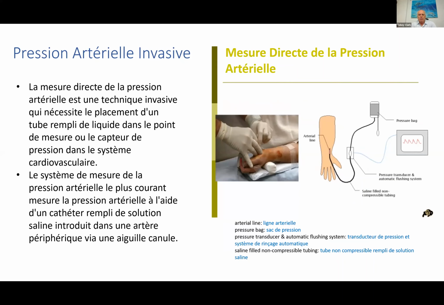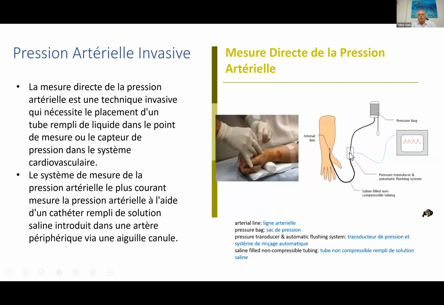So you can see in the diagram here, this is typically your radial artery where you're making these measurements. You have the tubing, you have a needle, first of all, that goes into the radial artery. And that tubing is connected through this fluid-filled system, which includes a saline solution that also includes heparin so that there won't be coagulation of the blood.